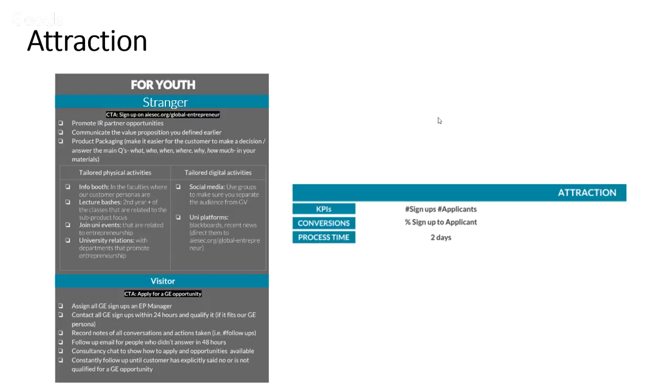This is the standard operational procedure, the general one from attraction. So we know that the strangers we attract are people that don't know what GE is about, what GT is about. So what we need to do with these strangers is first to promote the partner opportunities. We need to be really clear on that, and it is important to start the operational procedure. We are not selling GE in general.